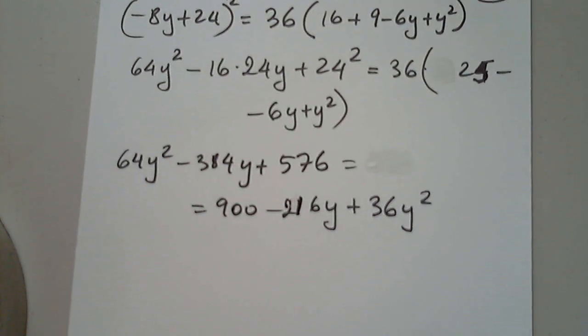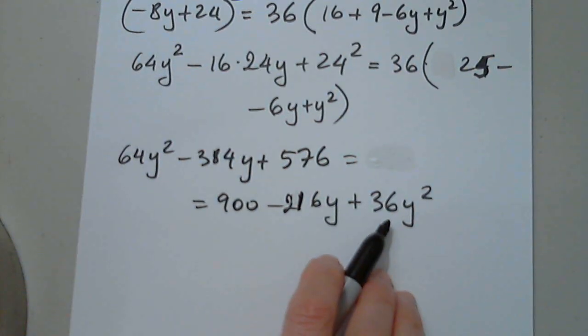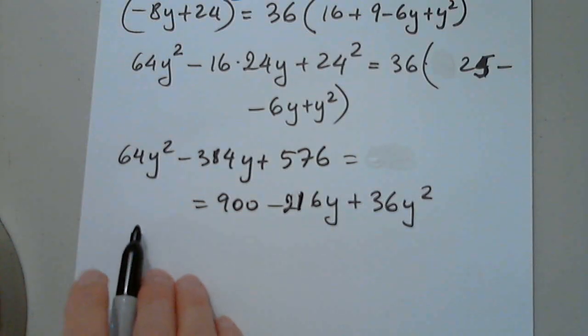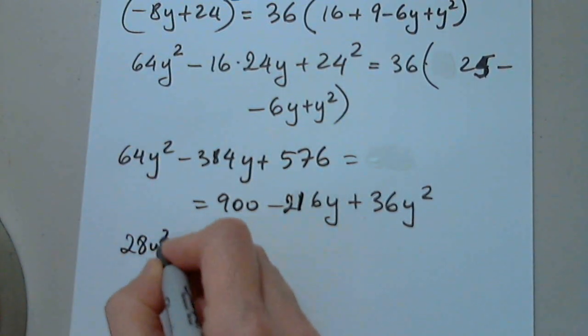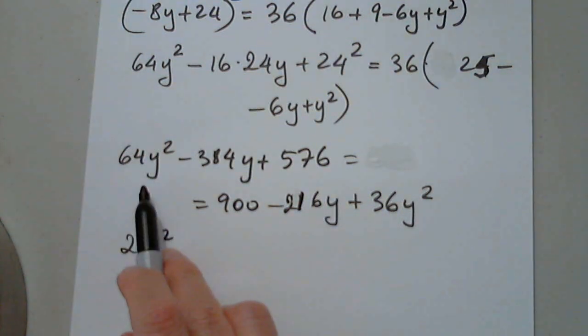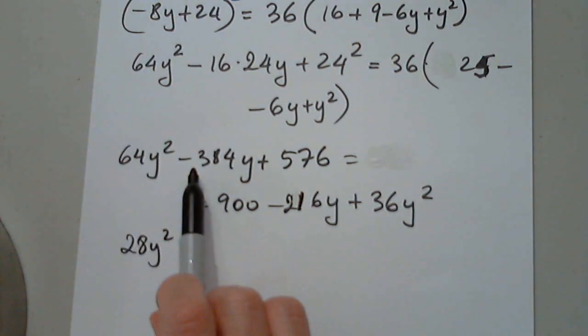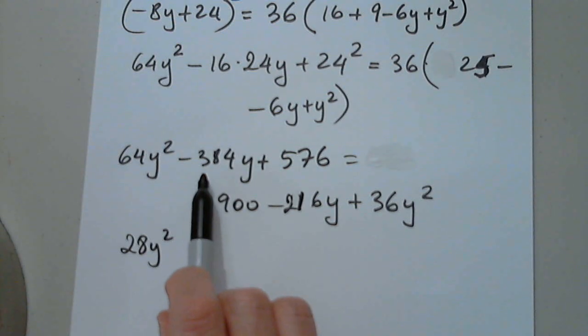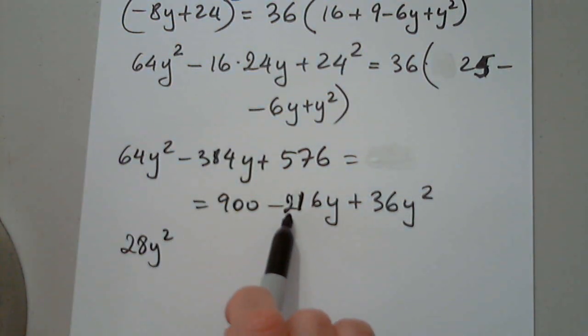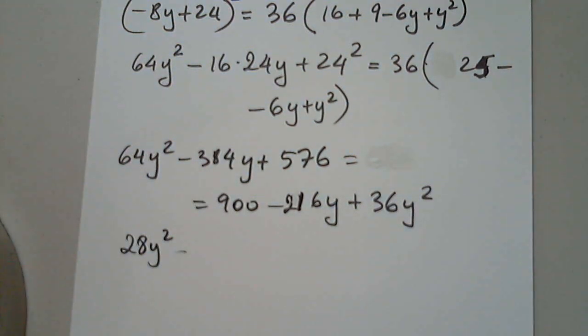Let's see now. 64y squared minus 36y squared, it's 28. Yes, that's 28. Now what do we have here? 384. We are bringing positive, so minus what?